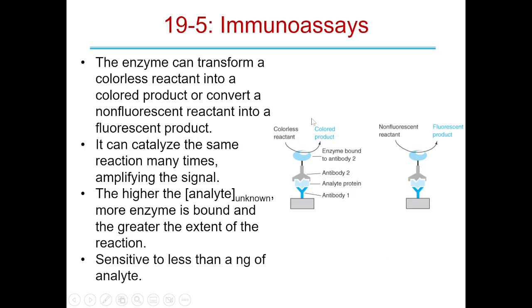So the enzyme can transform a colorless reactant into a colored product or convert a non-fluorescent reactant into a fluorescent product. Actually, the fluorescence one is the most common one I've seen. The colored one happens, and they're really convenient when it does. I've seen ones that are specifically designed for that to happen, or it just happens naturally.